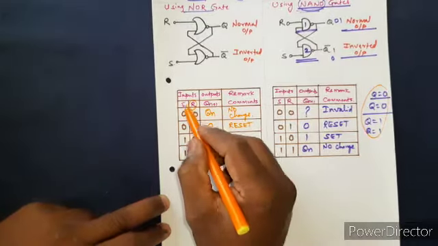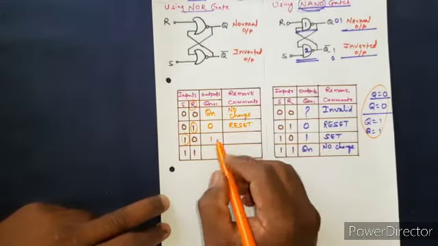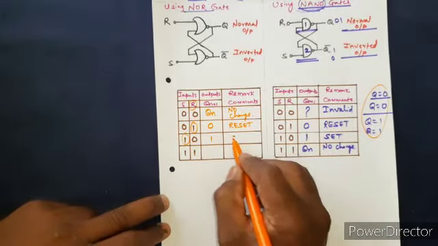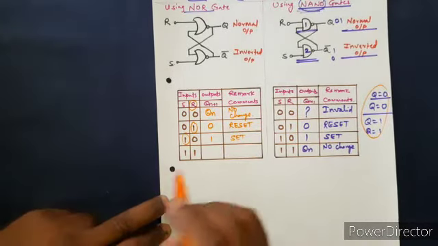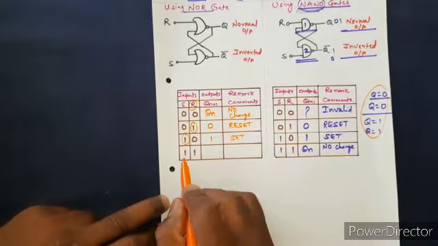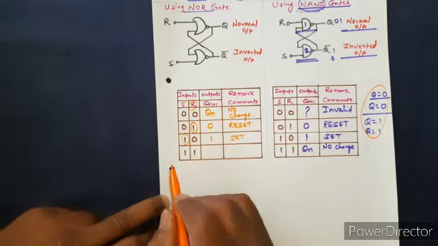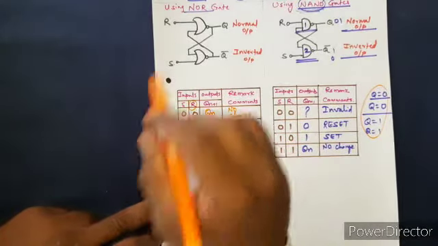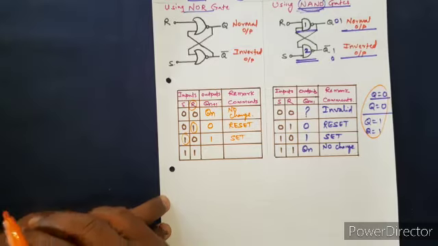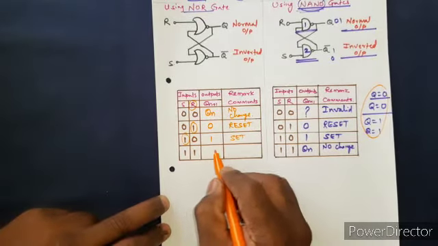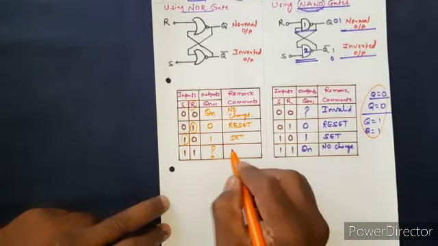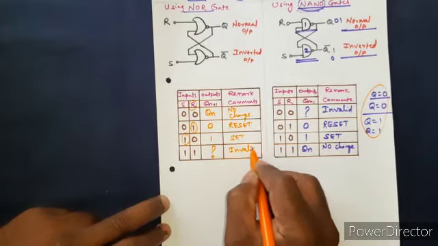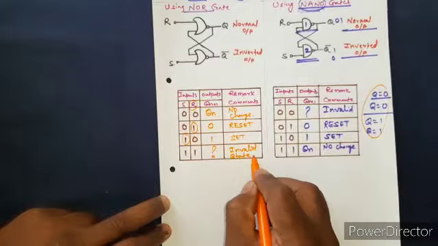And for S we are providing 1, meaning the output should be 1, meaning it is set. Now when both inputs are 1, S equal to R equal to 1, for SR flip-flop using NOR gate, this state is called the forbidden state, the invalid state.